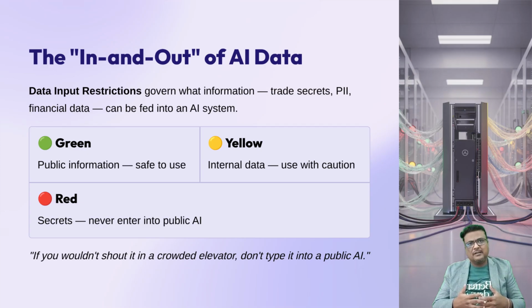We teach our employees a very simple rule. If you wouldn't shout it in a crowded elevator, don't type it into a public AI. In the AUP, we categorize data into green for public info, yellow for internal stuff, and red for secrets. This makes it easy for a non-technical person to know if they are about to make a mistake.